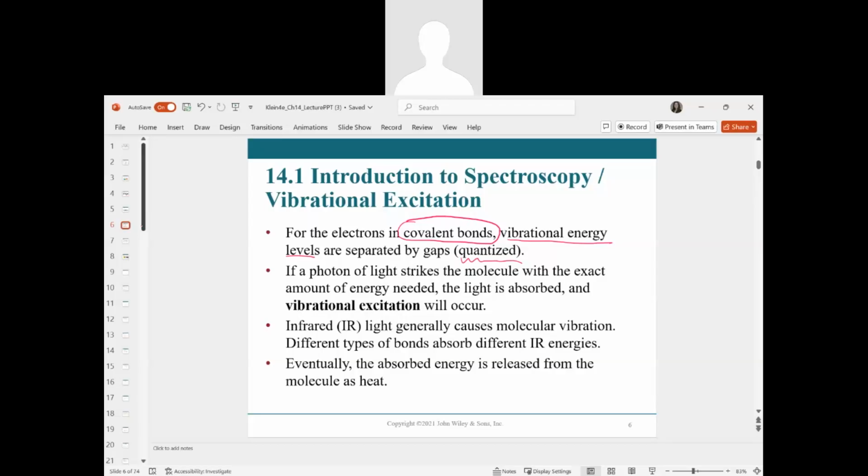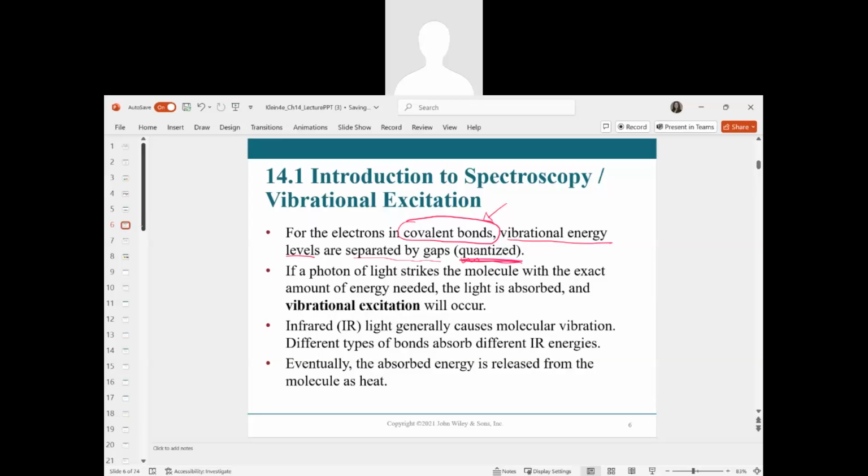So in the infrared region, only certain covalent bonds will respond to the amount of energy that is being added. And we'll see that this type of vibrational energy levels, these are separated by gaps. So that's where we get this term quantized from, where there's only certain quantities of energy that will cause this type of vibrational excitation.